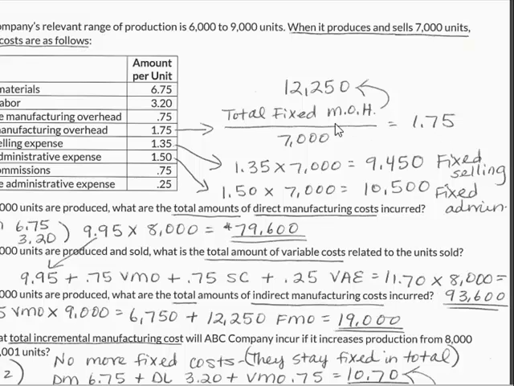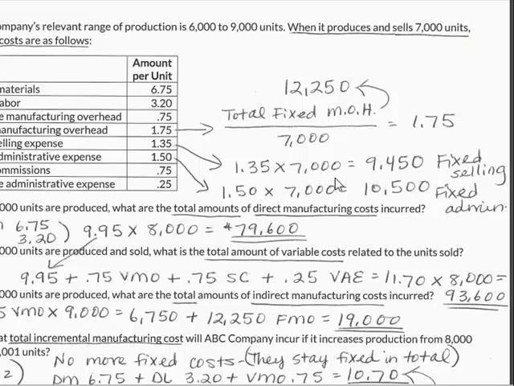Therefore, to figure out the total fixed manufacturing overhead cost, we can work backwards and multiply $1.75 by 7,000 to get 12,250. It will be very important to remember that this 12,250 total will remain fixed provided we stay within this relevant range of activity.